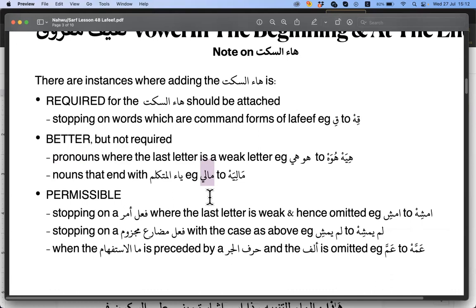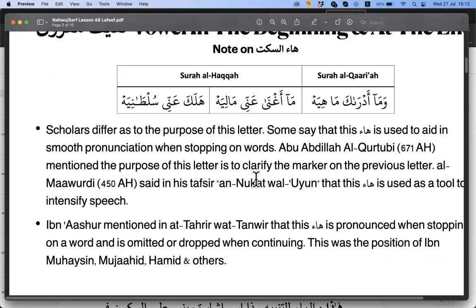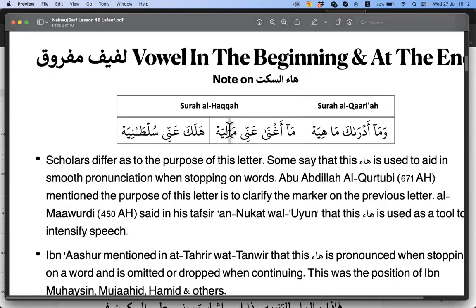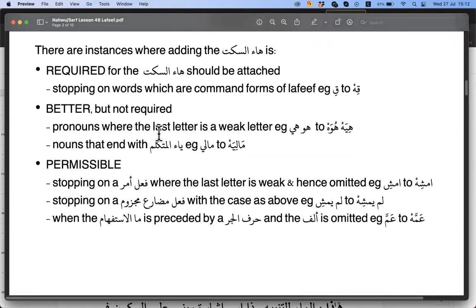Exactly. So this is the word in here in Surah Al-Haqqah. Maliyah is actually mali, just my wealth. So yeah, this is also better. Not always, right? Because we do see just normal mali, right? Without the ha. So this is not required, not wajib.